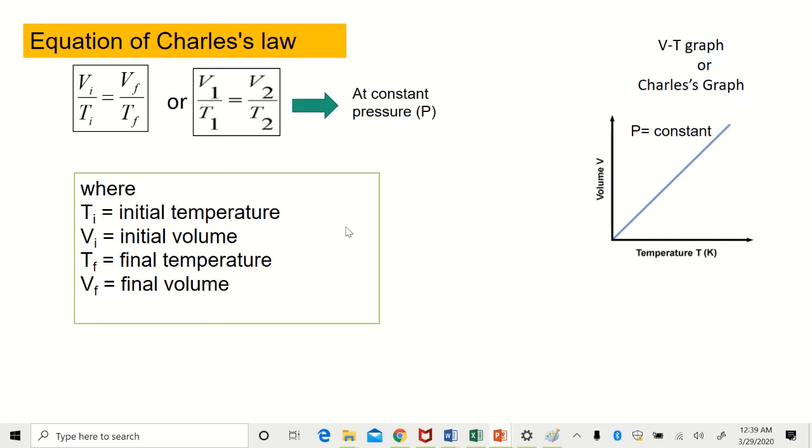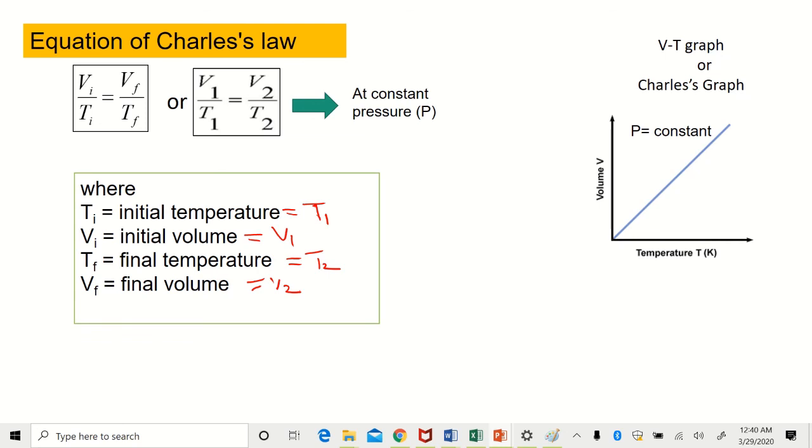Or you can write it as T1 and V1, and T2 and V2, this way.